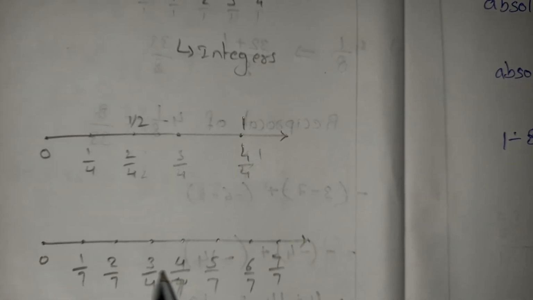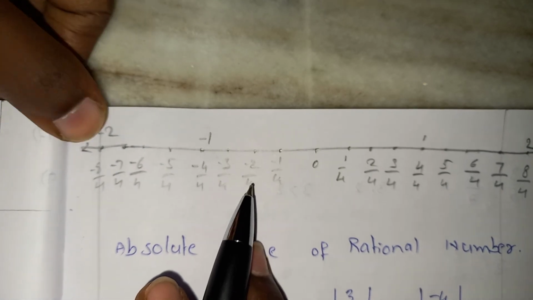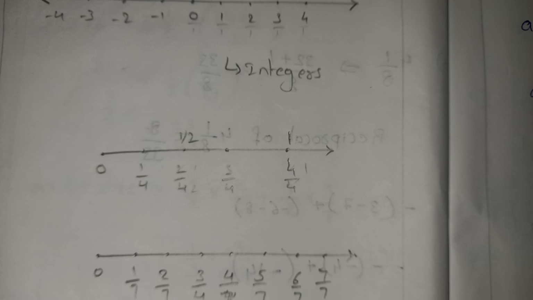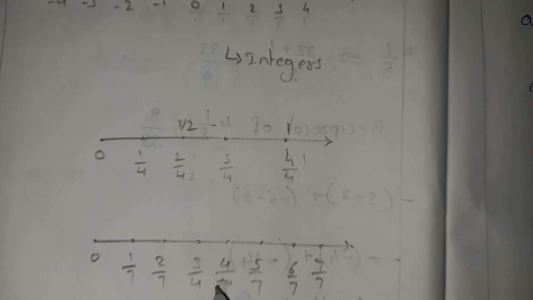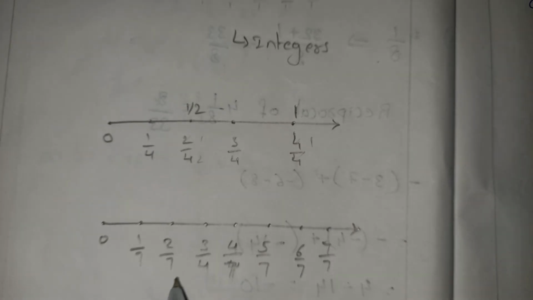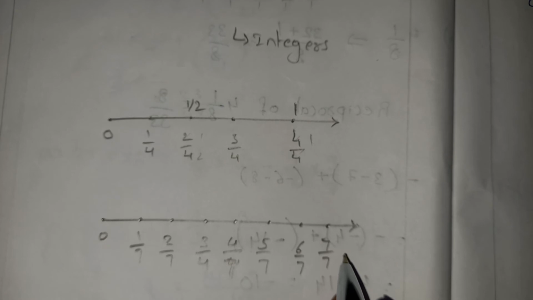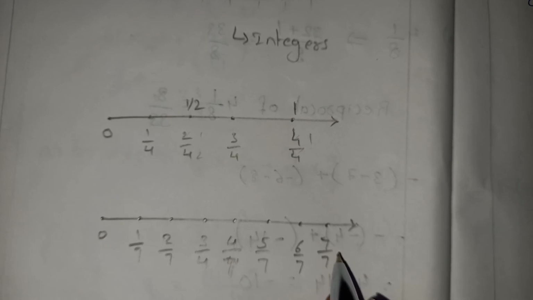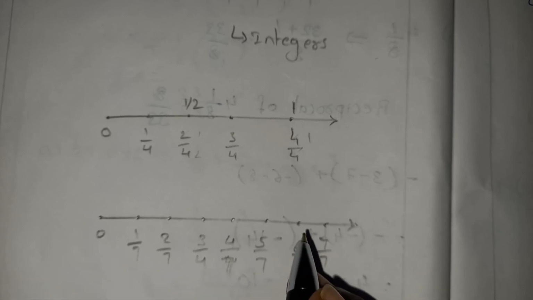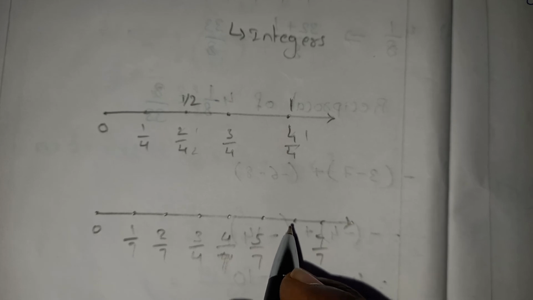Next, I divided 0 and 1 into 7 equal parts. So here I did it with 4 equal parts and here with 7 equal parts. If there are 12 equal parts or 100 equal parts, we can write 1 by 100, 2 by 100, 3 by 100, up to 100 by 100. Right or not? So in between any rational numbers, we can divide into n number of equal parts. Okay.